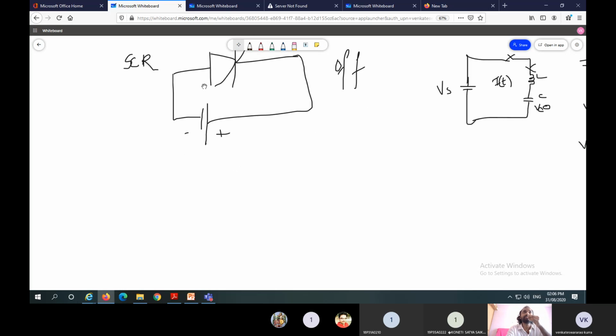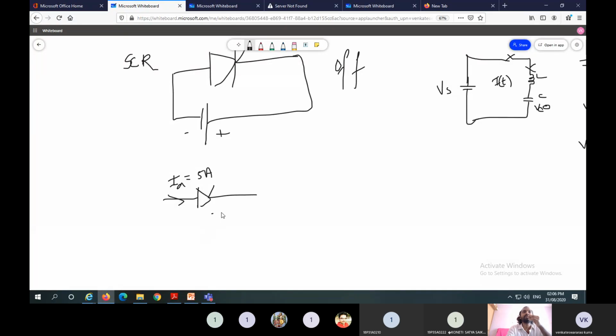The next method: consider this SCR, and if the switch is conducting, this is the anode current. Suppose the maximum amount of current flowing in this SCR is 5 amperes.